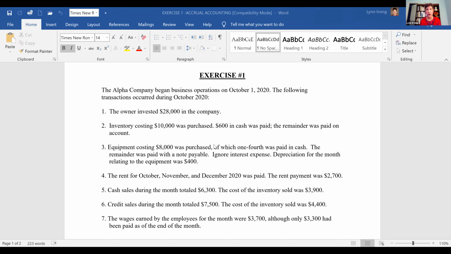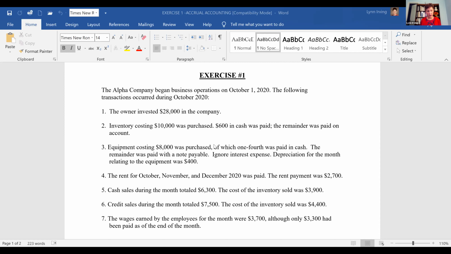You see, this is where I've earned the revenue, but I've not collected any cash. So I do have revenue of $7,500, but I also have an accounts receivable of $7,500. And the cost of that inventory was $44,000. So I have more cost, right?